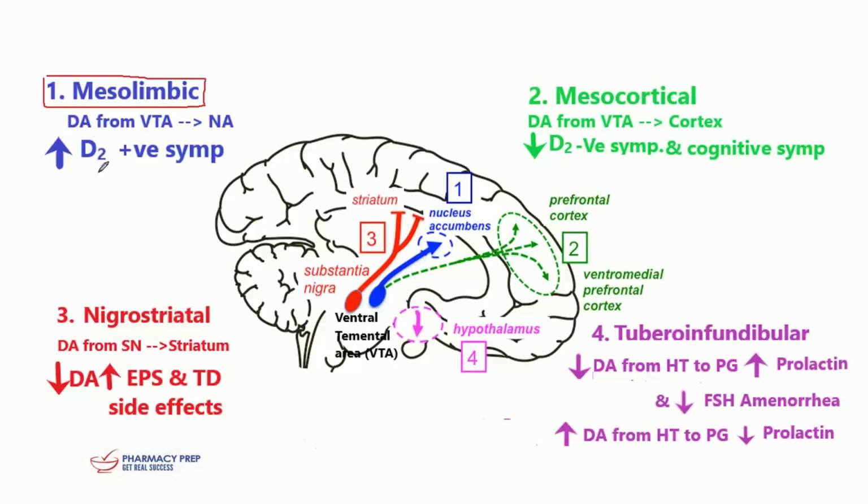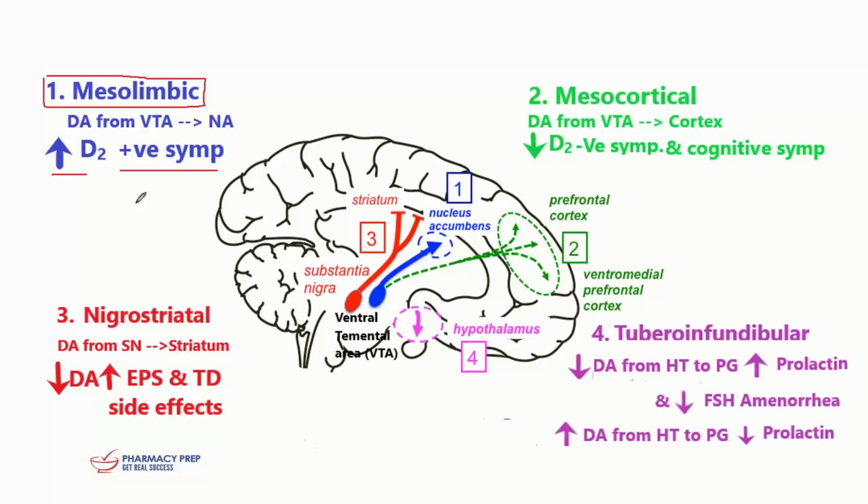In the mesolimbic pathway, there is an increase in dopamine activity. Increased dopamine activity can lead to the positive symptoms of psychosis. What are examples of positive symptoms? The positive symptoms include hallucinations.